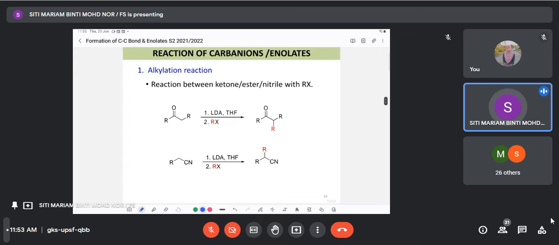I don't want to repeat this again because you already saw it under the stereochemistry topic. If I want to write it in full, it is alpha alkylation reaction. Check the stereo topic, the one related to kinetic and thermodynamic control.